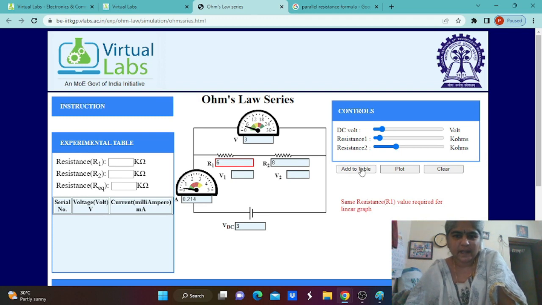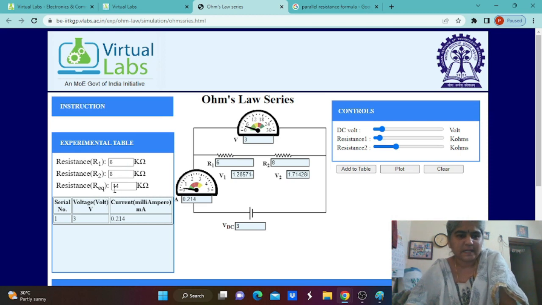Now we can add to table. The values we have given are entered in this experimental table. R1 value is equal to 6 kilo ohm, R2 is equal to 8 kilo ohm. Whenever we add these two, we get the equivalent or total resistance RT equal to 6 plus 8, 14 kilo ohm.